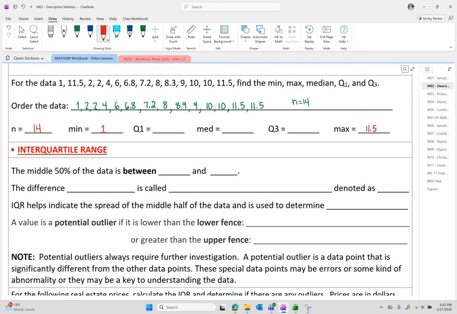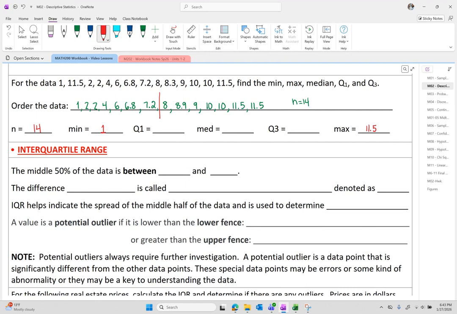Halfway of 14 data values is 7 and 7, so the middle mark is between 7.2, which is the 7th data value, and 8, which is the 8th data value.